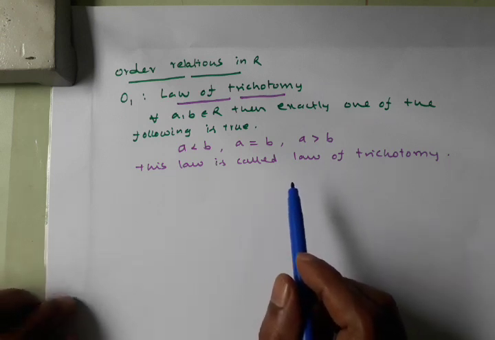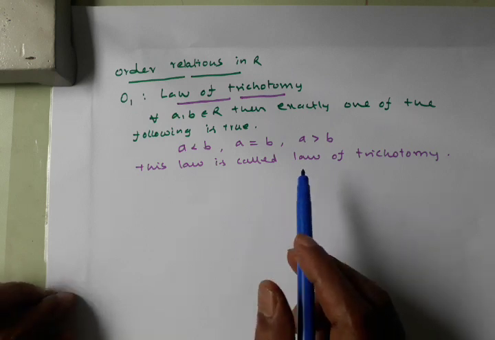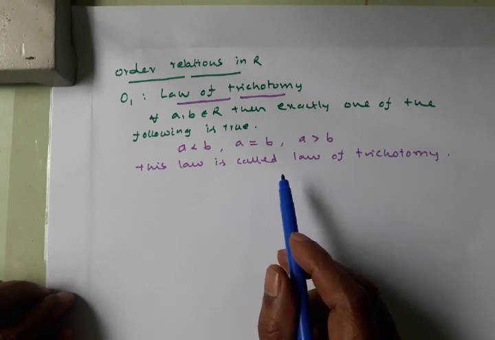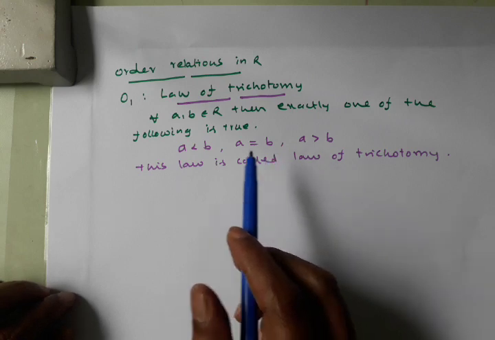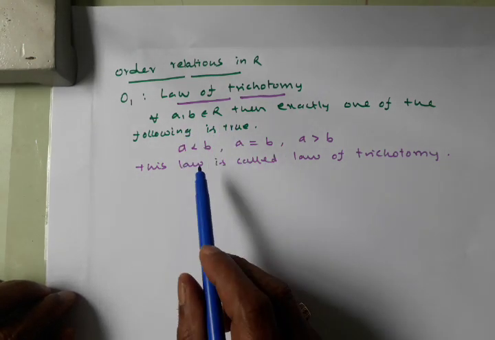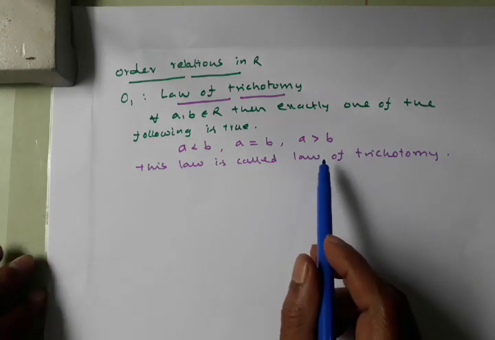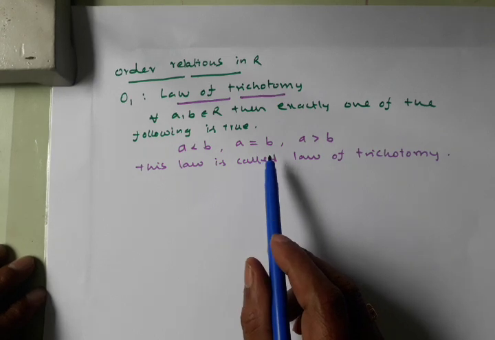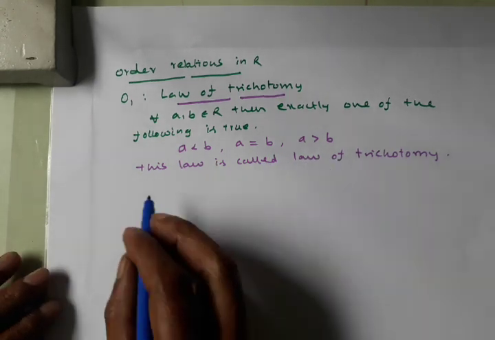Sometimes if A is 0, B is 0, then 0 is equal to 0. For 3, 2 belongs to R, 3 must be greater than 2. Like that, if A, B belongs to R, one of these three is true: A is less than B, or A is equal to B, or A is greater than B.